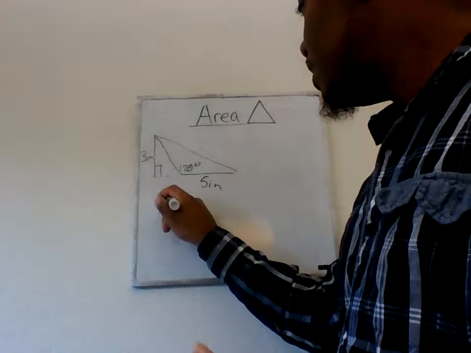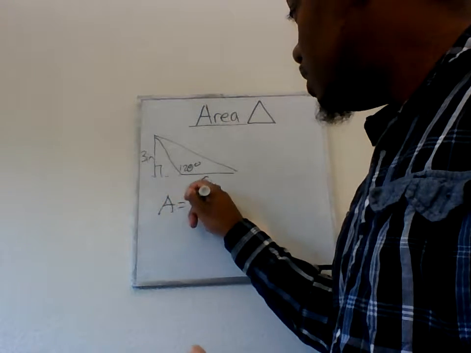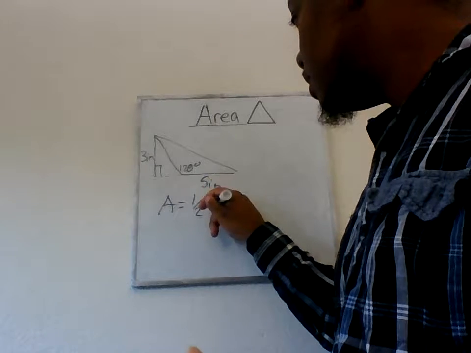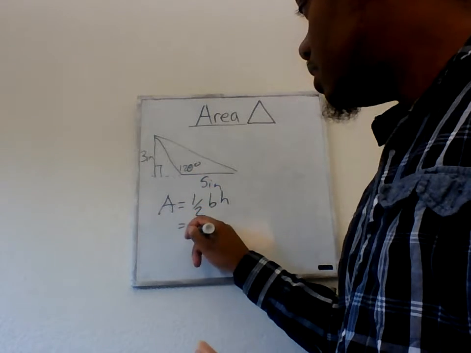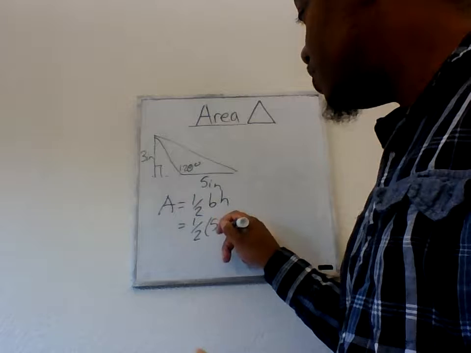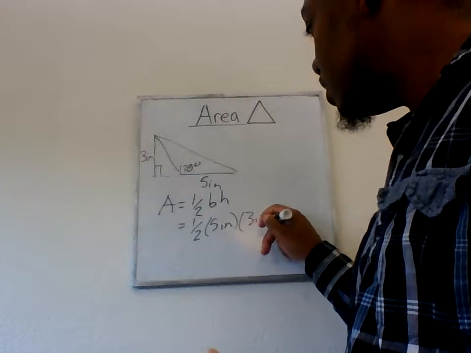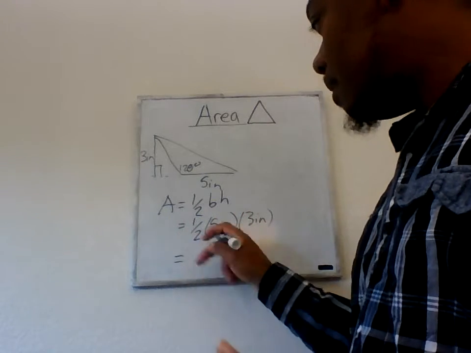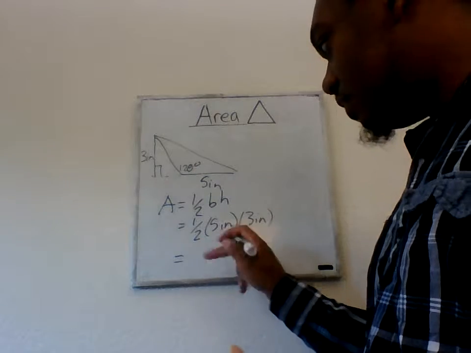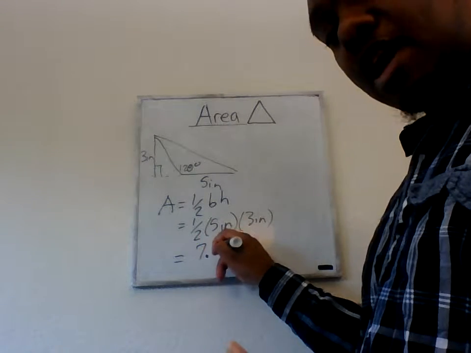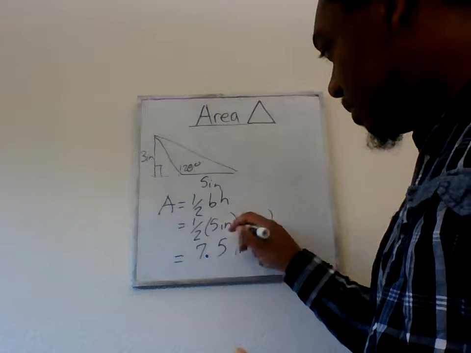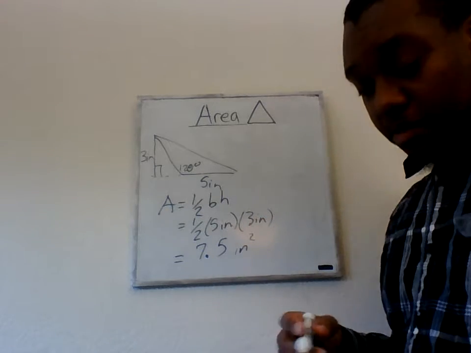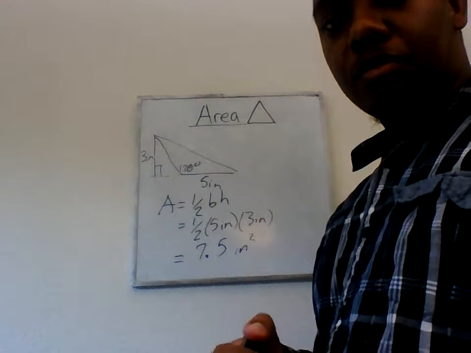Well, again, we have area will equal 1/2 the base times the height. And so that will be 1/2 5 inches times 3 inches. And when I multiply that out, 1/2 times 5 times 3 will give me 7.5. And I have inch times inch, so that's inches squared. So again, I have my square units.